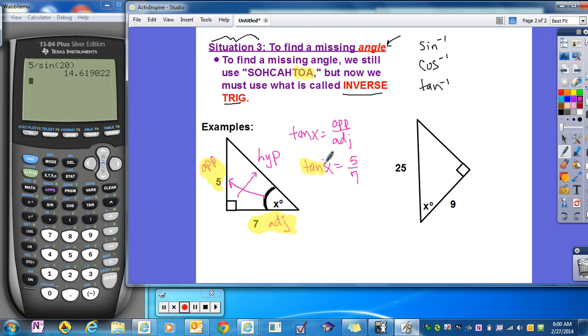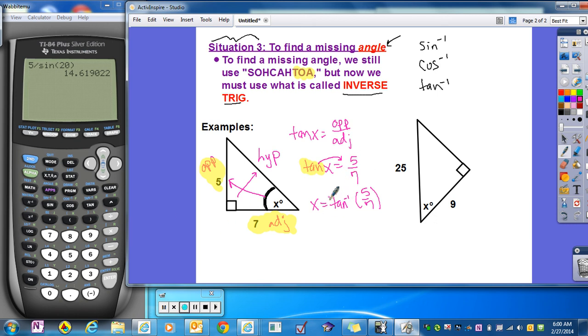So to get tangent to the other side, we're going to say x equals tangent to the -1 of 5 over 7. So what happened is this x stayed on the left side. You don't divide by the word tangent. You do inverse tangent of that value that's still there.